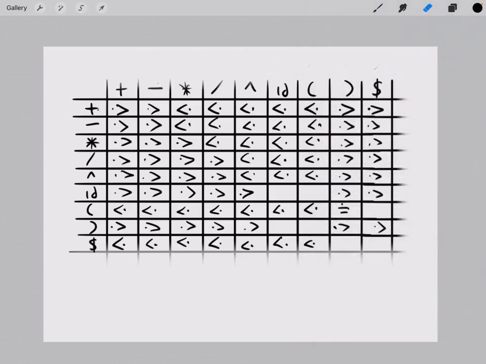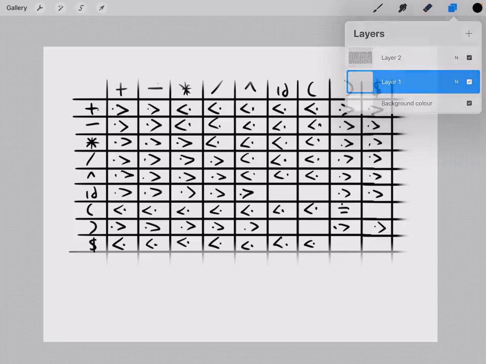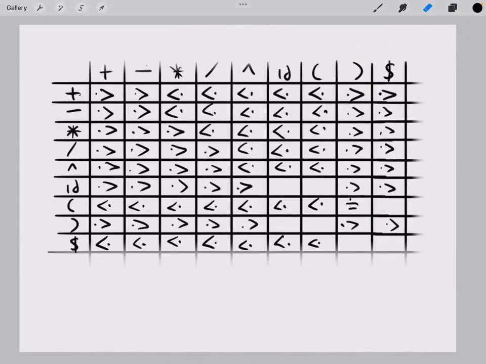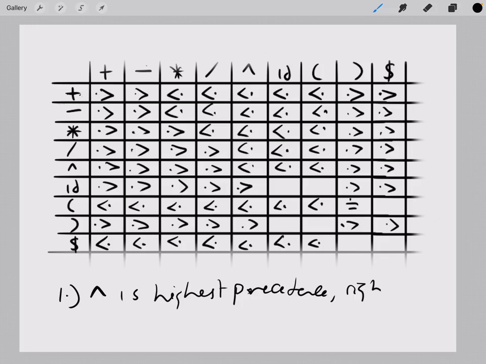Okay, so now what do we have here? We have plus and minus, and let me add the assumptions that were used to create this table. The first assumption was that the caret is the highest operator. It has the highest precedence and is right associative.